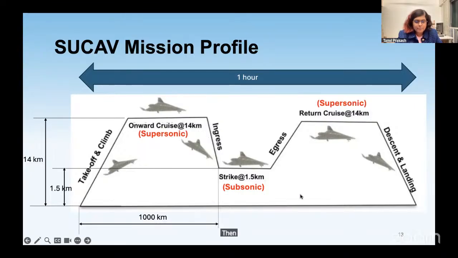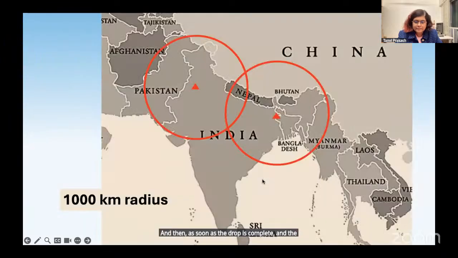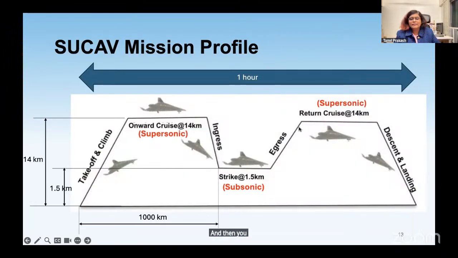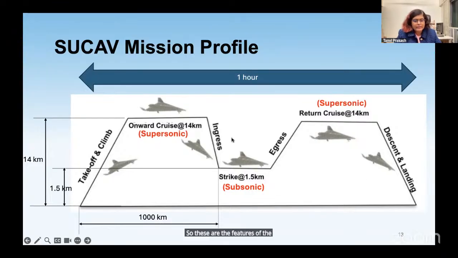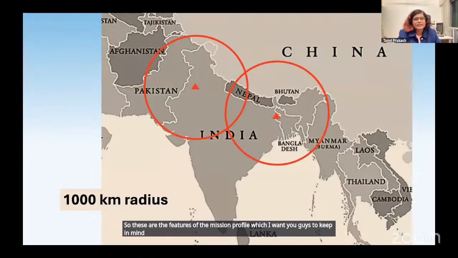Then, when you drop the payload, it's dropped at a subsonic speed. As soon as the drop is complete and the attack is done, you come back at the max possible speed, return to base and land. So these are the features of the mission profile which I want you to keep in mind for the rest of this talk.